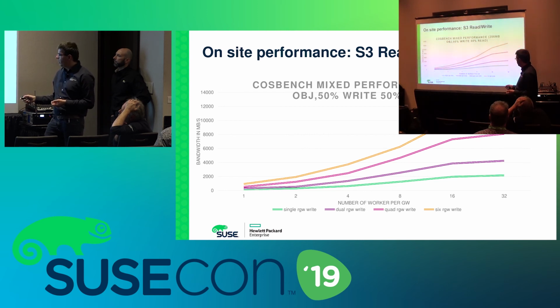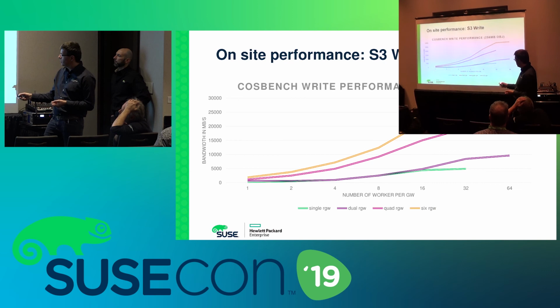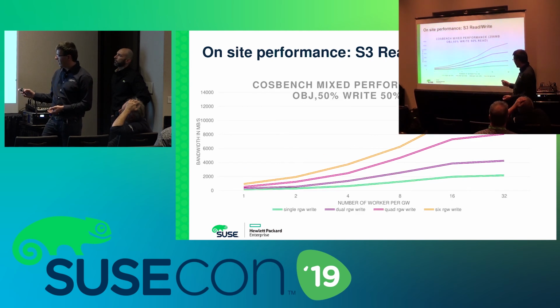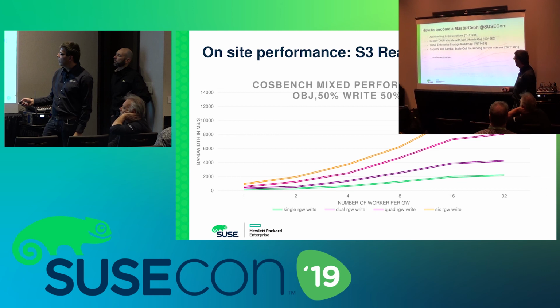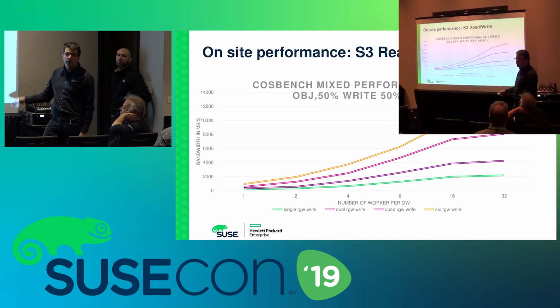What we found out, one of the conclusions: first of all, okay, we're good. From a SUSE Enterprise Storage perspective, we can achieve 10 gigabytes per second, no problem. The second one is that we are limited by the number of gateways. If you look at the scalability going from 1 to 2 to 4 to 6 gateways, we still increase performance.